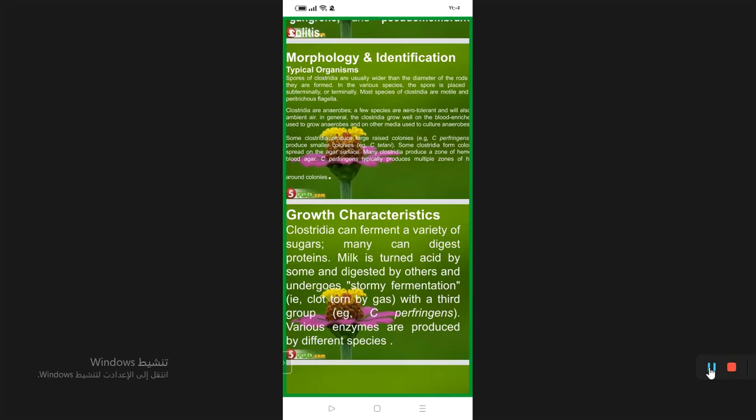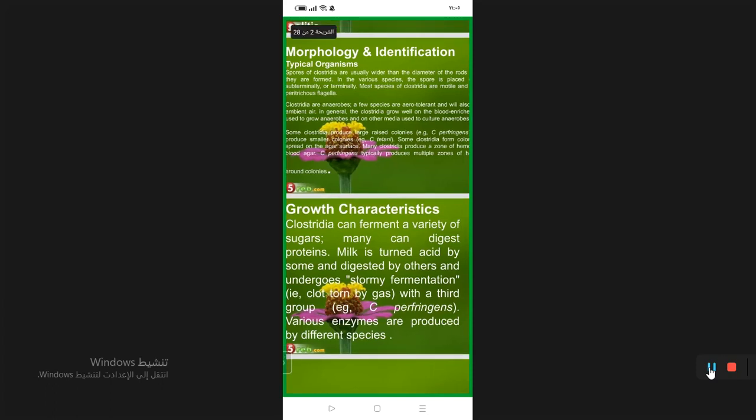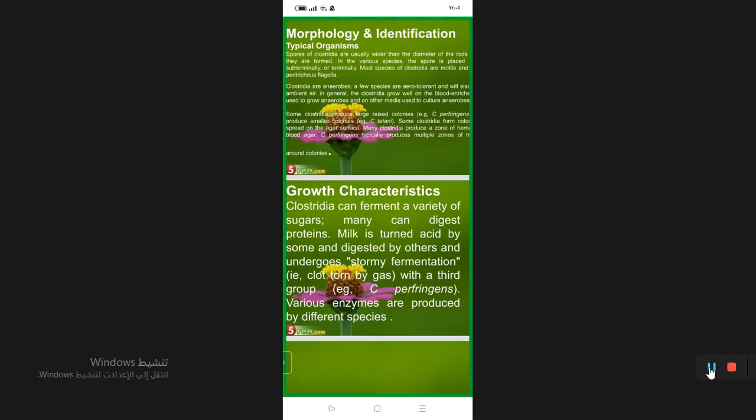Now, growth characteristics: Clostridia can ferment a variety of sugars. Many can digest protein. Milk is turned acid by some and digested by others, and undergoes stormy fermentation or clot torn by gas with a third group, Clostridium perfringens, and various enzymes are produced by different species. هنا هذه صفة تشخيصية, diagnostic feature for Clostridium perfringens.